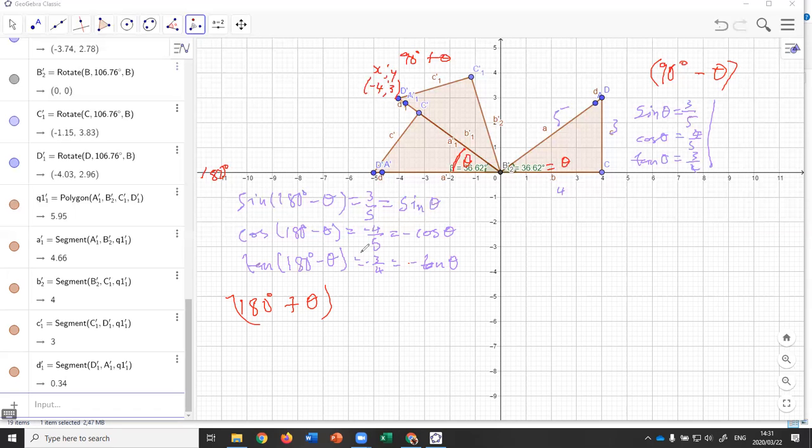So that's just about it. Instead of going the long way and saying sine 180 minus 36.62, why don't you just go straight and say sine 36.62? That's the argument behind the reduction formula.